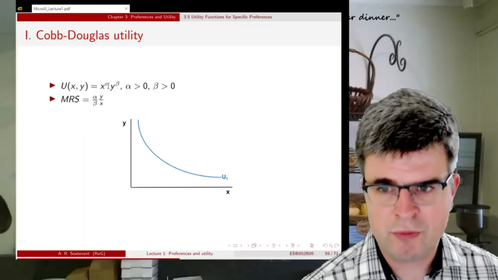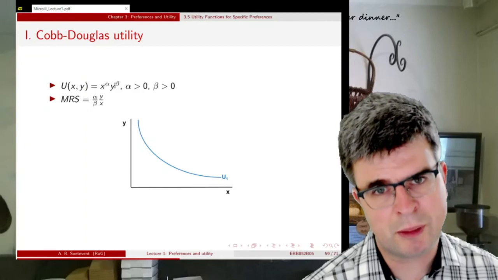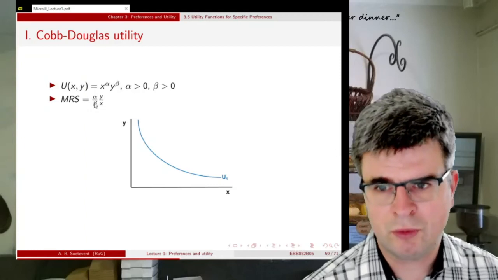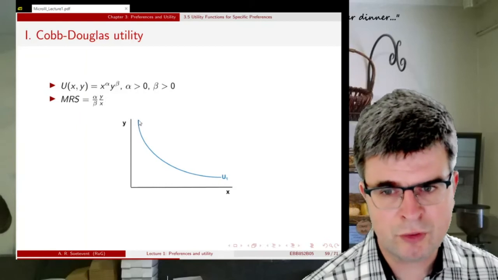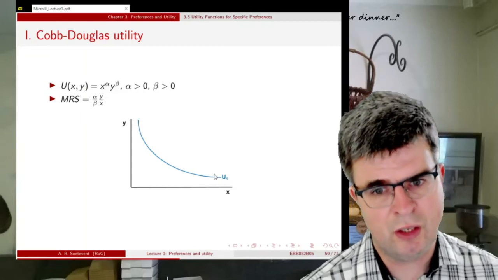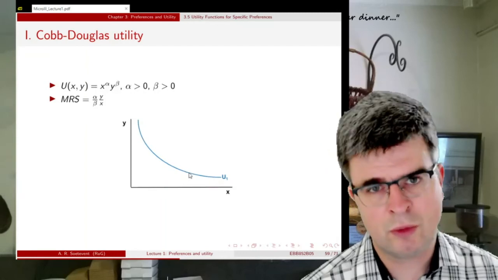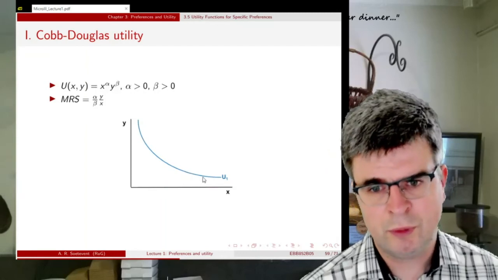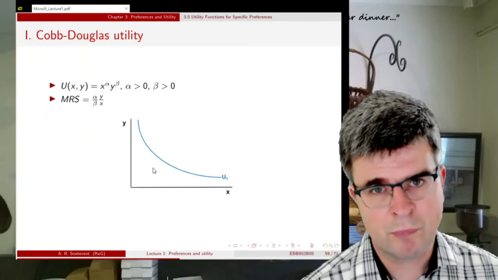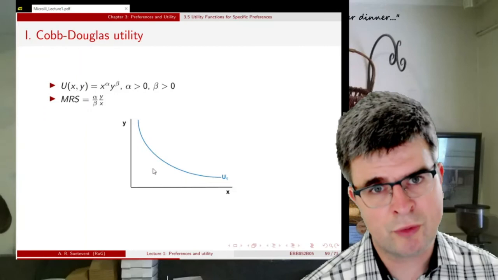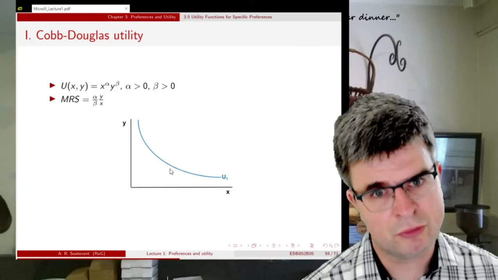And if you take the derivative of this with respect to x and divide by the derivative with respect to y, then you get the marginal rate of substitution. The typical indifference curves of the Cobb-Douglas function look as follows. So you can see nice, strictly convex indifference curves, which means that if they take away some units of good y from you, then you want to be compensated by getting additional units of good x.